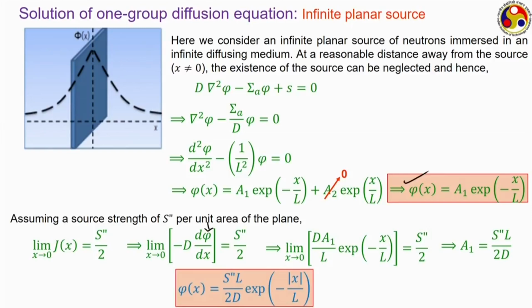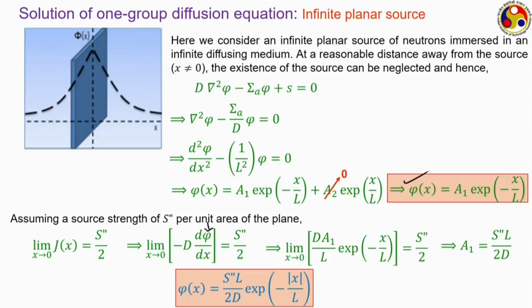Hence, this is the final form of this neutron flux distribution in this infinite stretch of diffusing medium that we are having, which is surrounding this planar source. Here we are putting mod of x because this particular distribution is true on either side of this plate, that is, for both positive x and negative x this distribution is true.